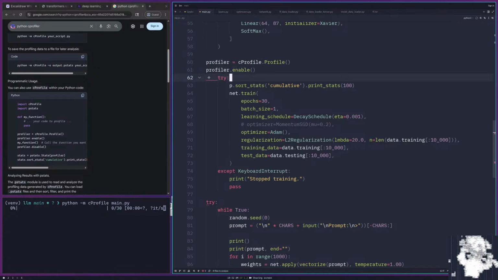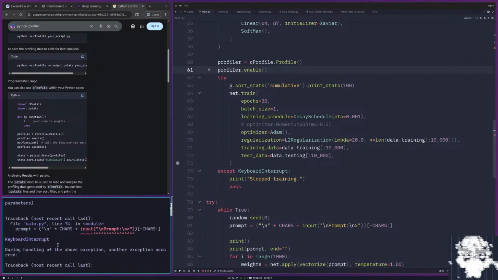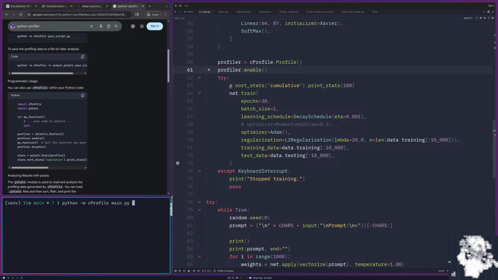Do this outside here. And then if I kill this, what is it going to do? It didn't output. Okay, so let's not do it from the command line.